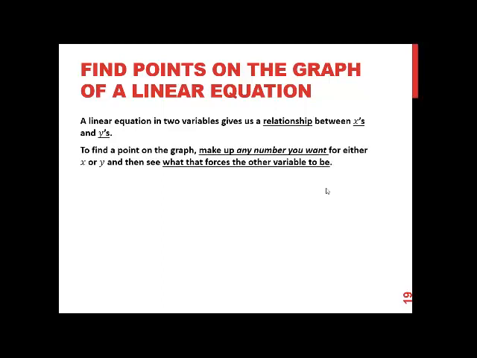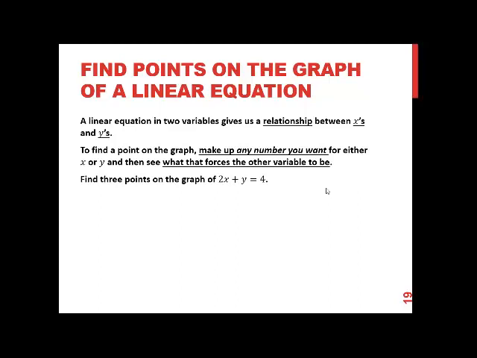To find a point on the graph, we can make up any number we want, either for x or y, and that's going to force the other variable to be something special. So what we'll do is substitute in any number we want for x or y, and then see what that forces the other to be.